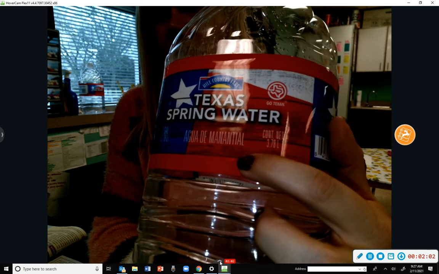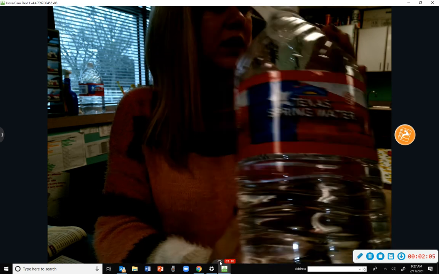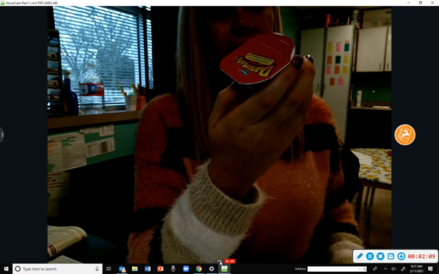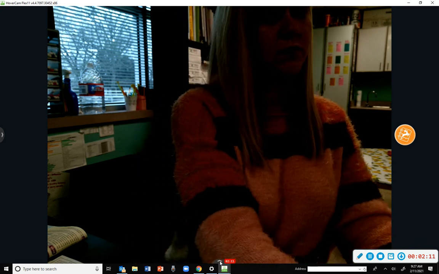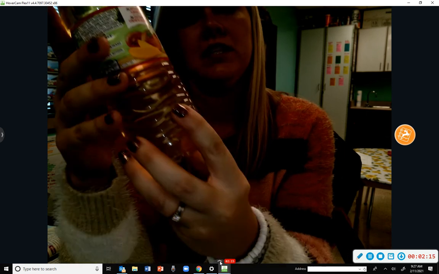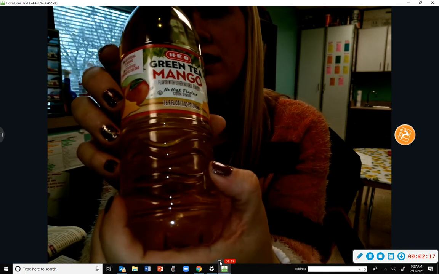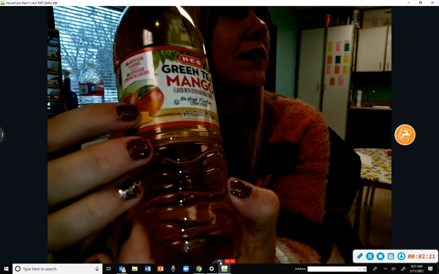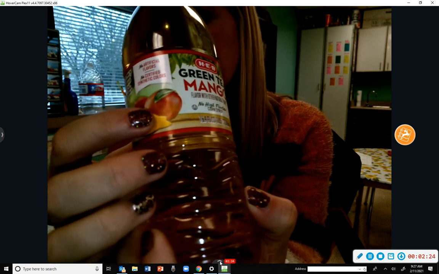This is in liters. Okay, so what you will notice is it has ounces, and then it also will have sometimes liters or milliliters. So here's what you might see, a water bottle. Okay, you see how it says 16.9 fluid ounces, OZ? Can y'all see that?